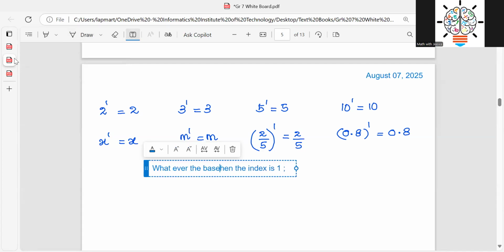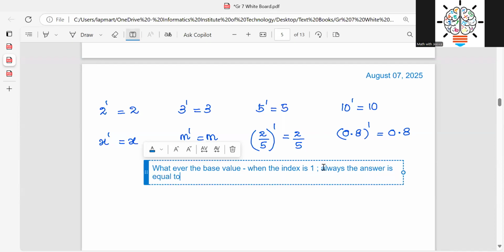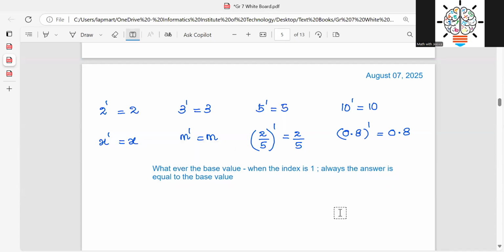Whatever the base value, when the index is 1, always the answer is equal to the base value. Whatever the base value, it can be a number, a letter, a fraction, a decimal, it can be anything. If the index is 1, always the answer is equal to the base value.